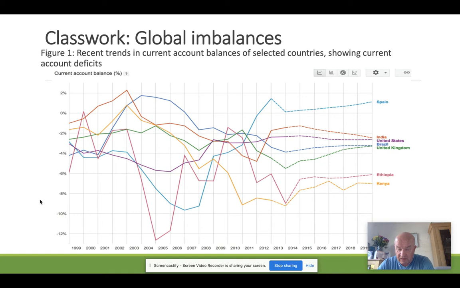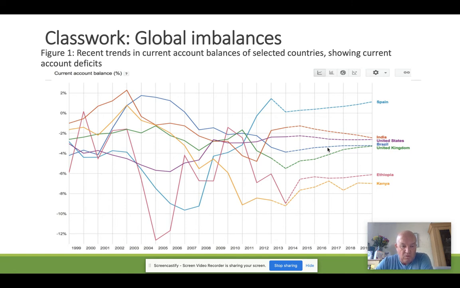If we take a line around about 2012 onwards, you can see that they are dotted lines. So what has happened is there's been an extrapolation. Those aren't the actual figures, but at the time that this graph was drawn up, they took the trends and looked to see where they thought the current account balance was going to go.